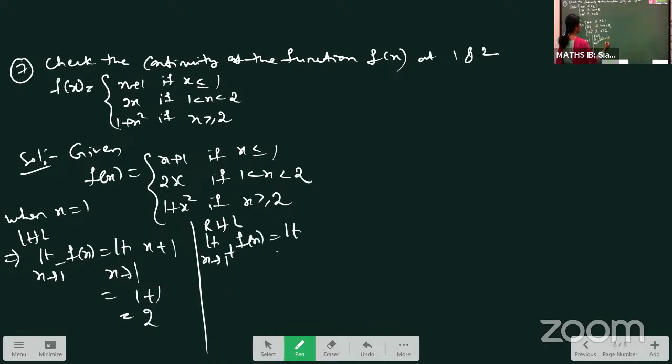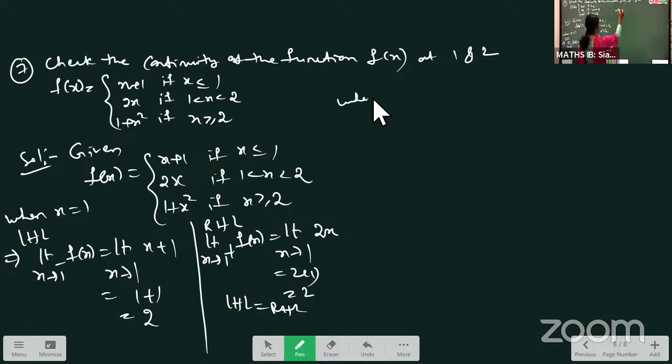When x is greater than 1, it is 2x. Substitute 1 wherever x is there: 2 into 1 is 2. So we got left hand limit equal to right hand limit. So LHL is equal to RHL. We'll write the conclusion at the end.